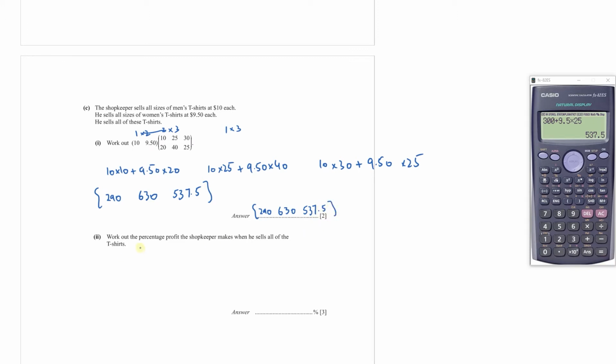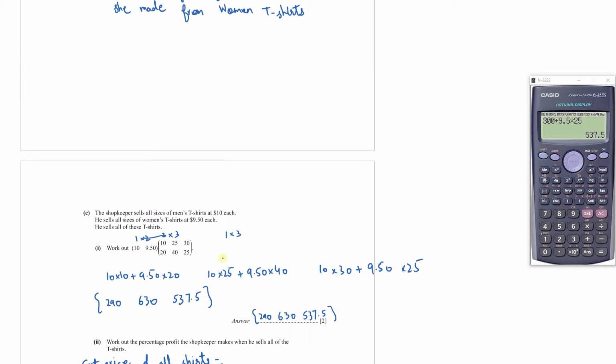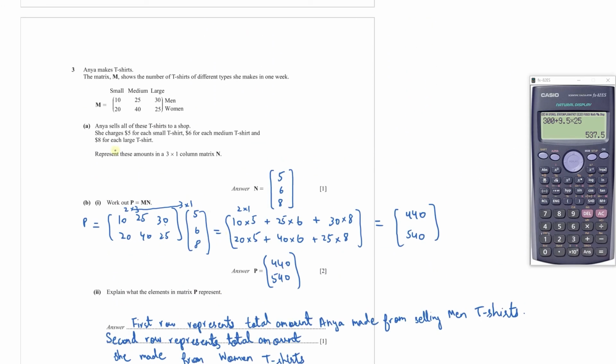Work out the percentage profit that the shopkeeper makes when he sells all of the t-shirts. So to find the percentage profit, first we need to calculate the profit. So cost price of all these shirts, how much did the shopkeeper pay for all these shirts? That's the cost price, and that's the price that Anya sold the t-shirts to the shopkeeper.